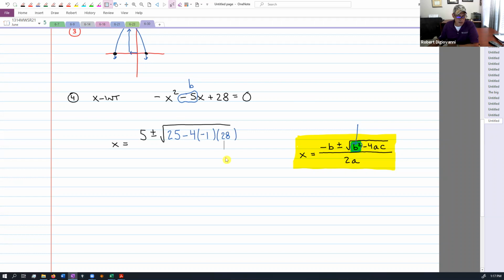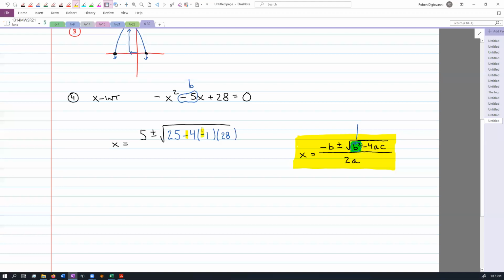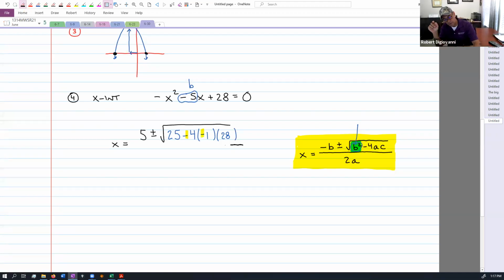Okay, so real quick look at that. How many minus signs do you see? 2. Okay, so that means you're gonna add, right? I should probably put all this over 2 times a, which is -1. That's just finishing off the formula. So take those numbers, 4, 1, and 28, multiply those together.